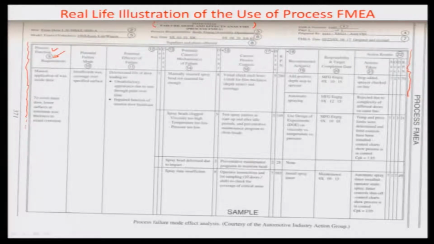So the requirement here is the manual application of wax inside doors, okay, and the process function really is to cover the inner door lower surfaces at minimum wax thickness to retard the corrosion.